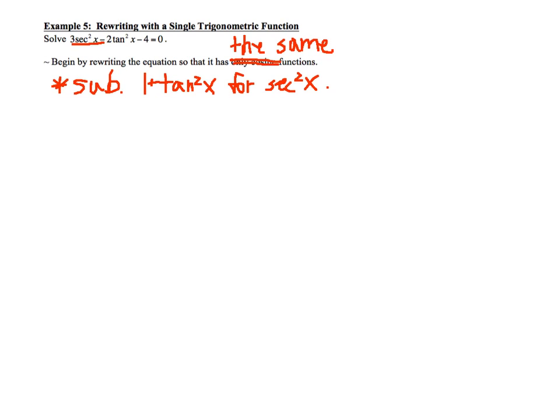So once we plug this in, you still have the 3, so you have a 3 times 1 plus tangent squared x minus 2 tangent squared x minus 4 equals 0.